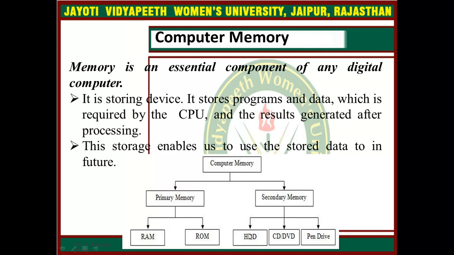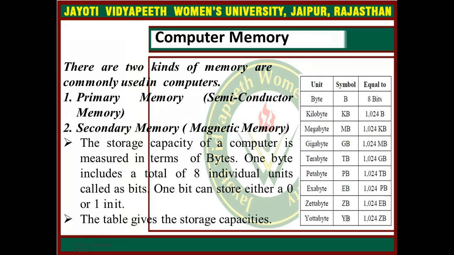That is hard disk drive, compact disc, pen drives. Now, there are two kinds of memory commonly used in computers. First is the primary memory, also called the semiconductor memory, and the second is the secondary memory, called the magnetic memory.